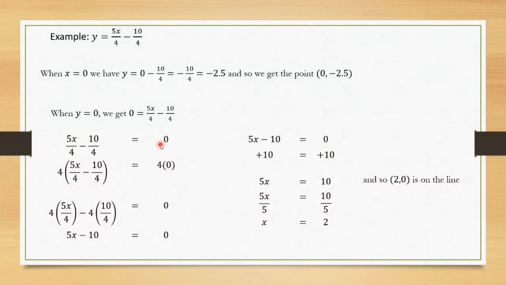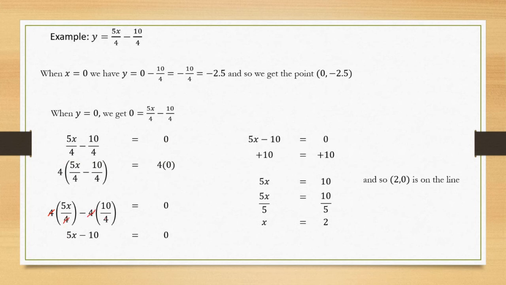So from here, what do I do next? Well, I want to clear out the denominators. I want to eliminate them. So I'm going to multiply both sides here by 4. Let me get the pen. Okay, and from here, when I multiply both sides by 4, I distribute, and then the 4's cancel.